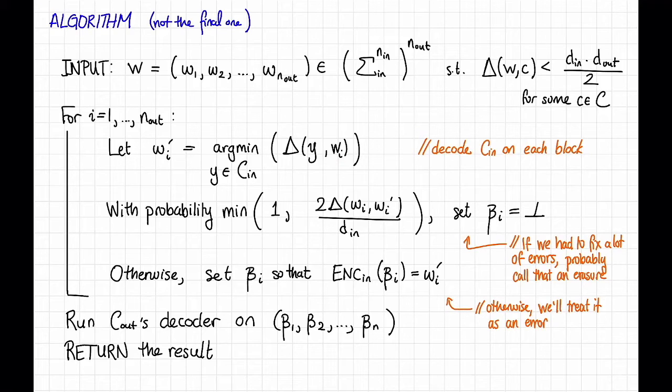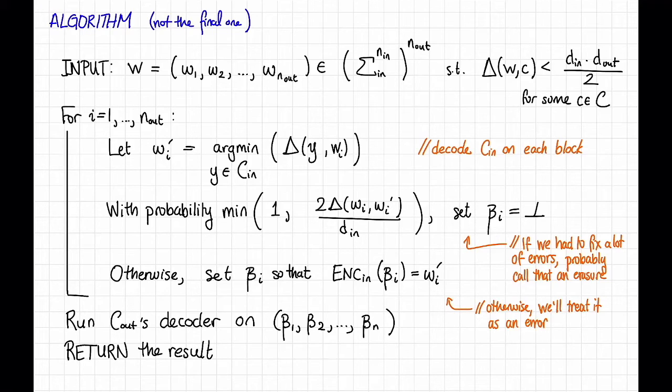We're going to flip a coin, do something random. And with probability this, that is the minimum of 1 and this thing, 2 times the Hamming distance between wi and wi prime divided by the distance of the inner code d in, with that probability, we're going to set some parameter beta i to bot, or erased.